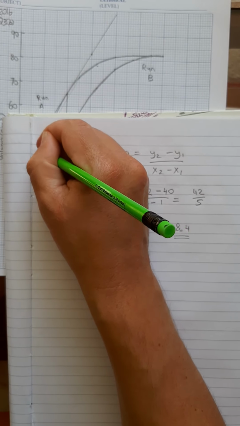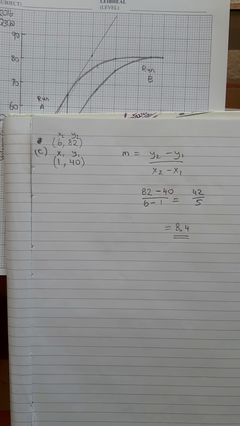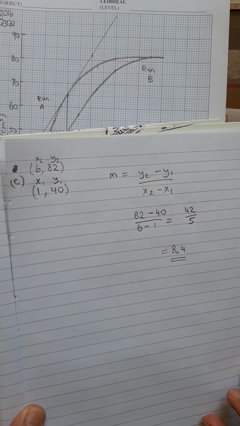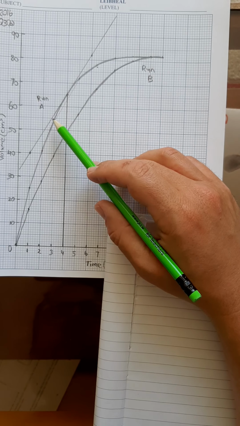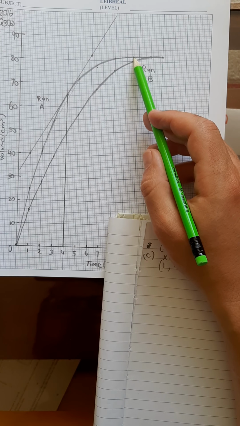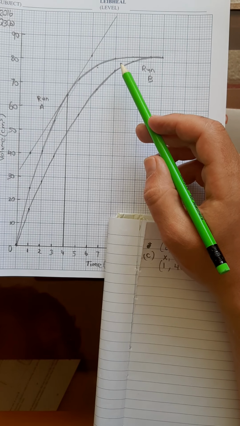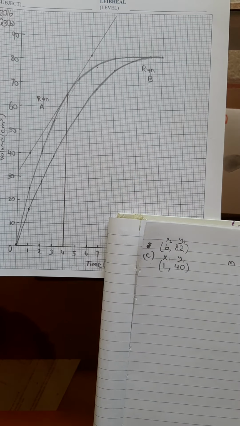If we're looking at part D, which run, A or B, reached completion first? That's just looking at the graph, and clearly you can see that run A reached completion. 82 was the maximum amount of oxygen that could be achieved. And which one had the slower initial rate?